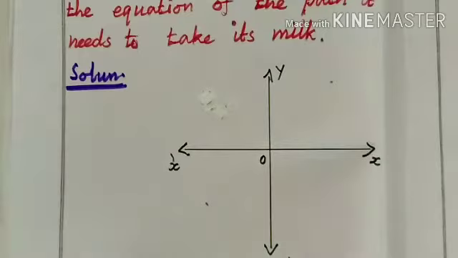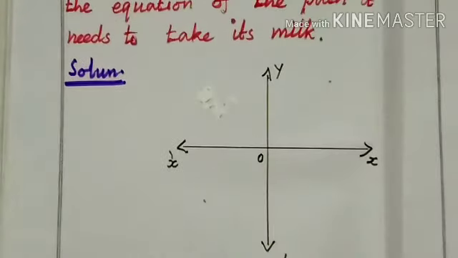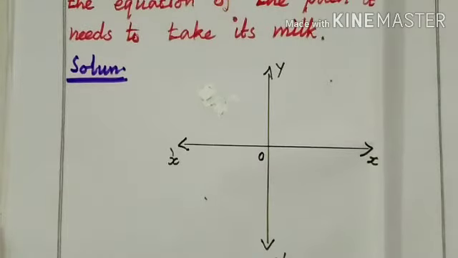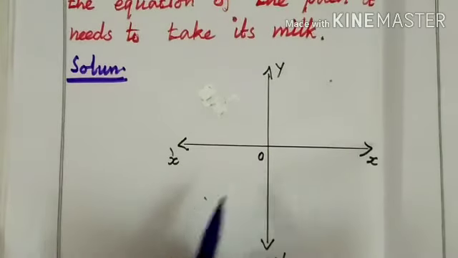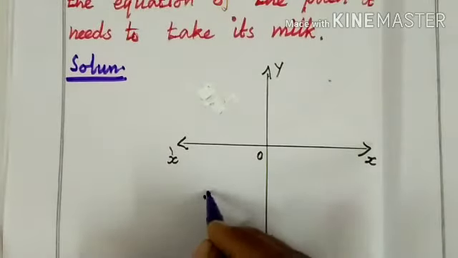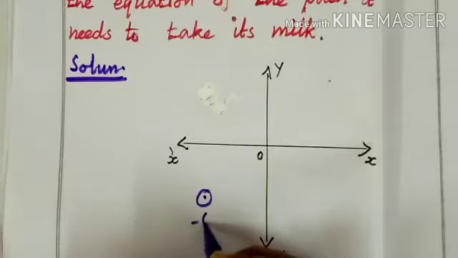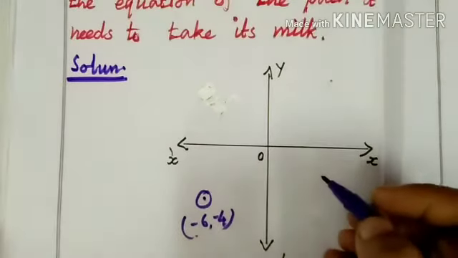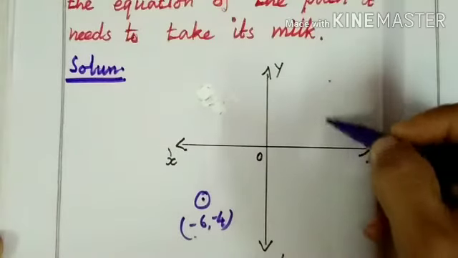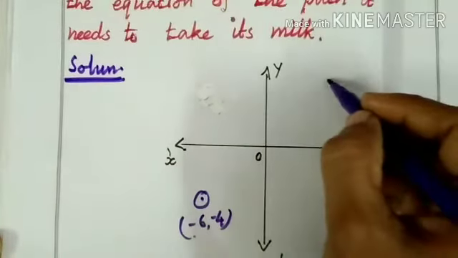In the solution, first you have to draw the 4 quadrants and mark the given points. First point minus 6, minus 4 lies on the third quadrant. Then the second point 5, 11 lies on the first quadrant.